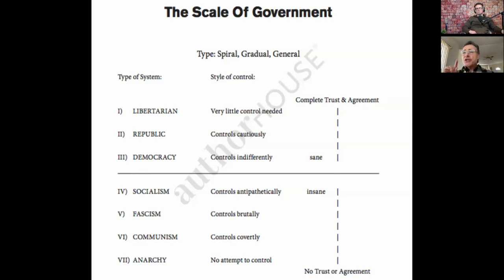They control cautiously. If you listen, or it would be better to say read, although you could hear an audiobook, to what the founding fathers said and wrote, they were very cautious. All of their deliberations were, well, what about this? Oh, well, if that happens, okay, then we have.